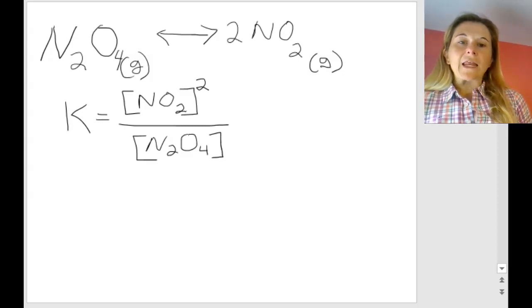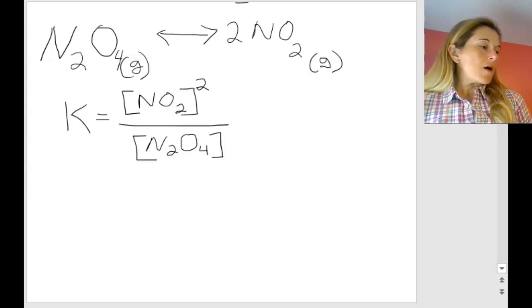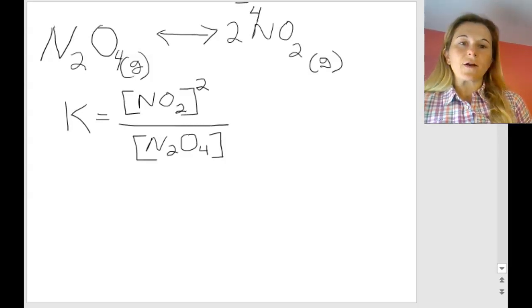Let's say at equilibrium, we know it's at equilibrium because we have these lines here showing us that it's flowing back and forth at an equal rate. Let's say that the concentration of our product is 4 molar. I'm choosing numbers that are easy just for us to see the concepts, not worry about the math.